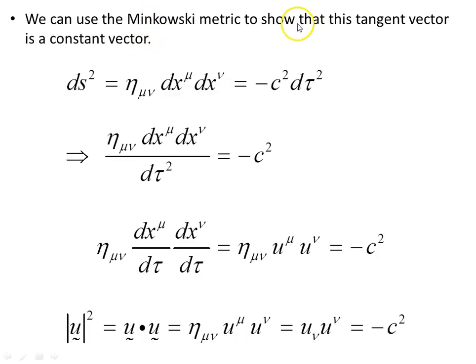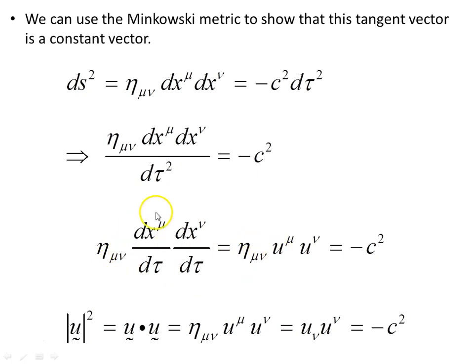So we can use the Minkowski metric to show this tangent vector is a constant vector. Here's the line element, and in terms of the Minkowski metric, that gives us ds² equal to minus c² dτ², where c is the speed of light and dτ is an increment of the proper time. Let's divide through by dτ², which gives us minus c². Now, separate the dτs, so we have dx^μ/dτ, dx^ν/dτ, times the Minkowski metric.